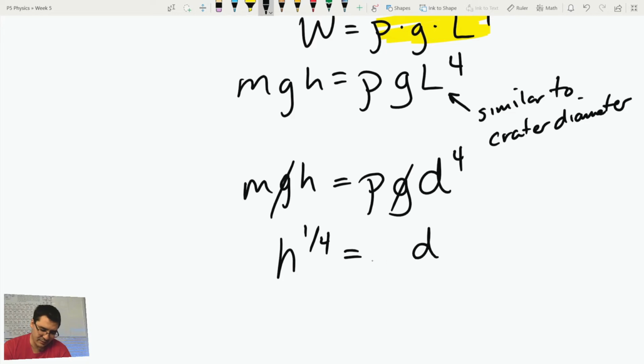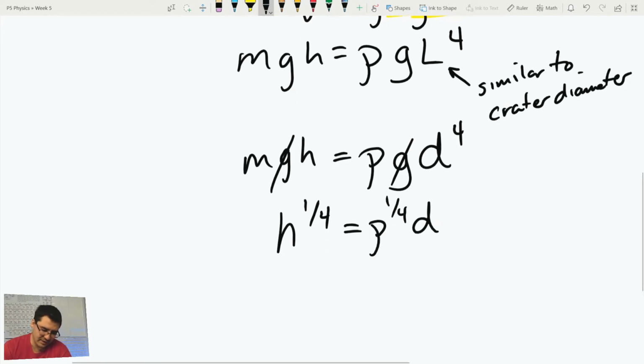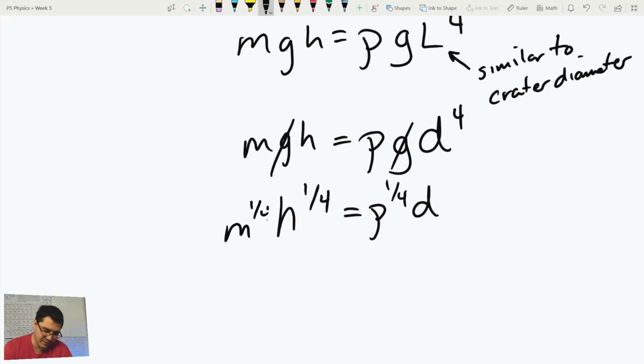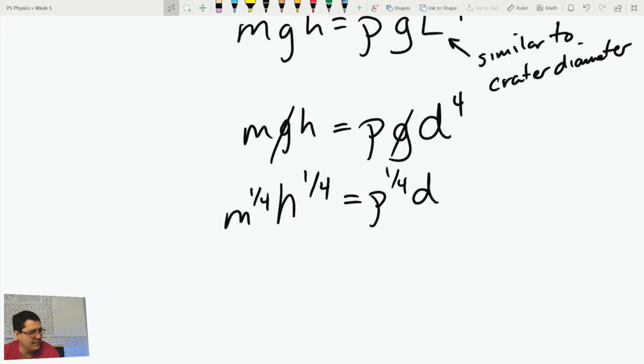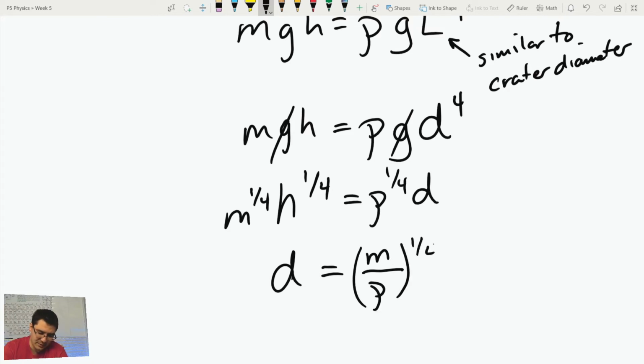I better be careful. There you go. And I better put m to the 1/4. Okay, so I took the fourth root of everything and I get d is equal to m over rho to the 1/4 power and h to the 1/4 power.